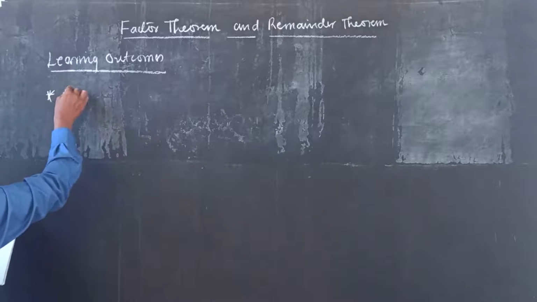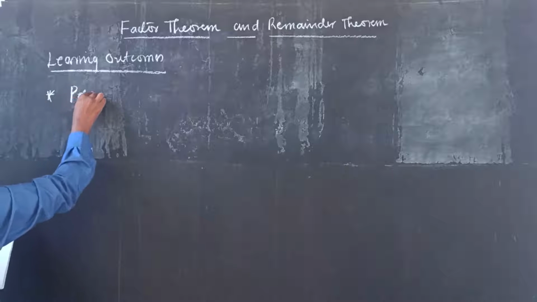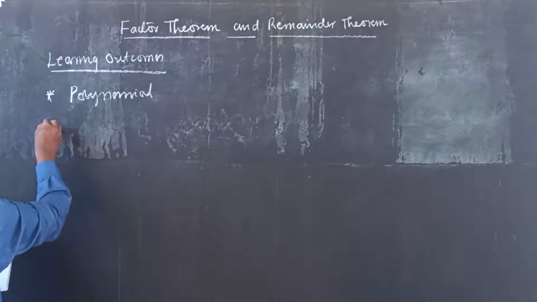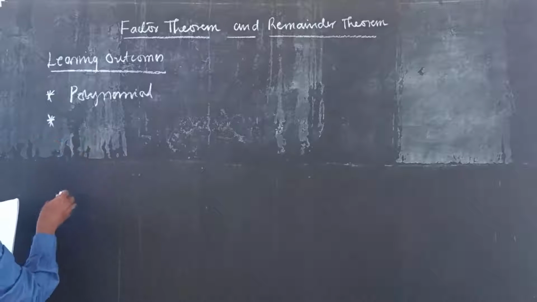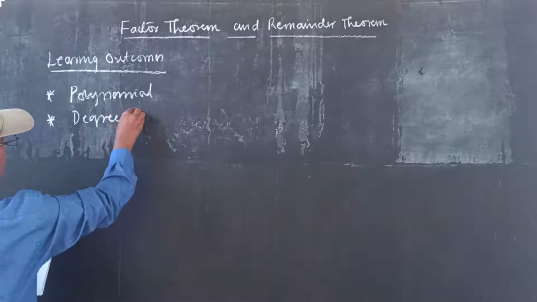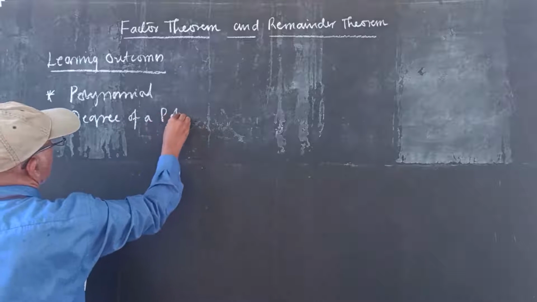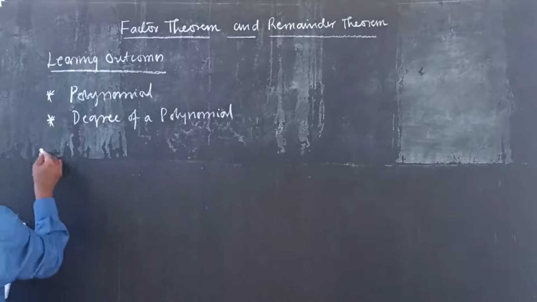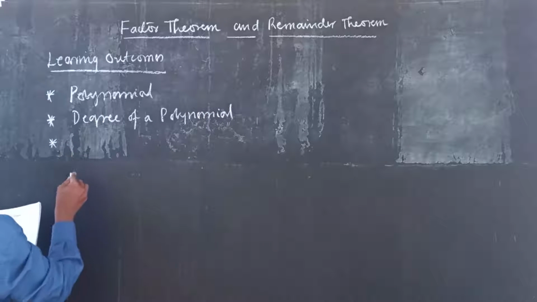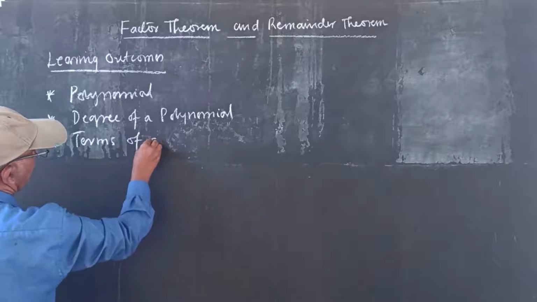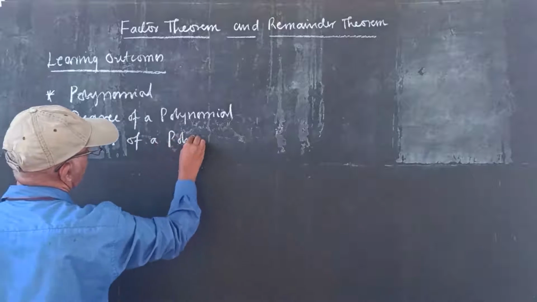First point is polynomial. Second point is degree of a polynomial. Then third is terms of a polynomial.